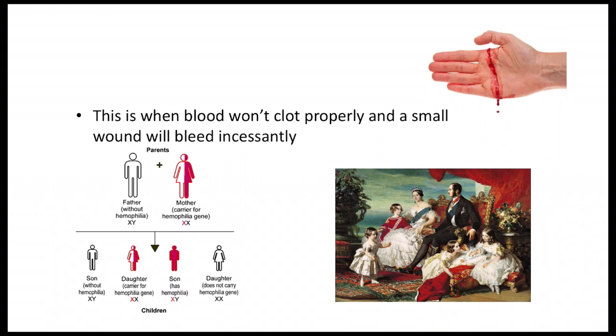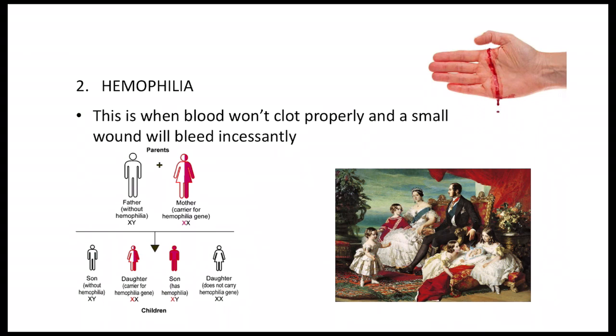Okay, another example is hemophilia. Another sex-linked disorder. Again, this is more common in males than females. Hemophilia is when the blood won't clot properly and a small wound will bleed incessantly.